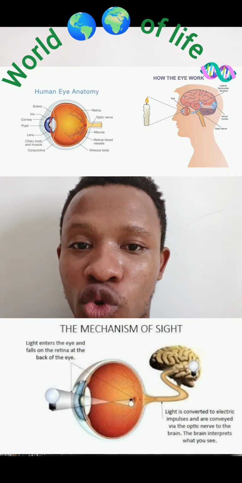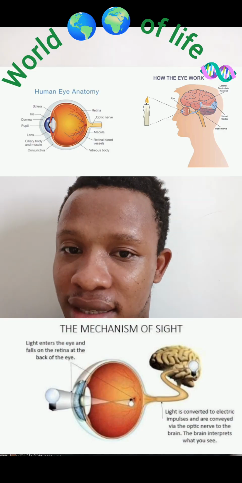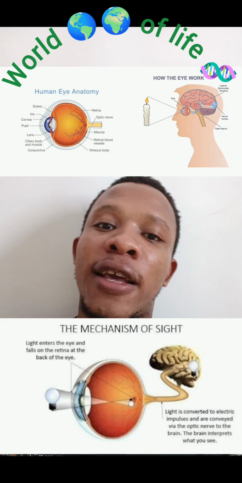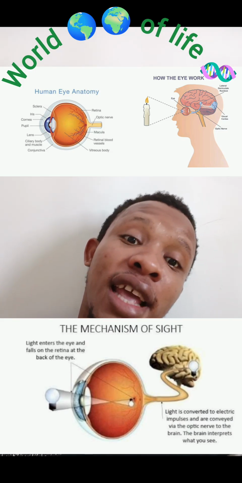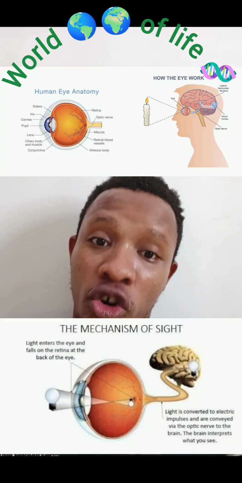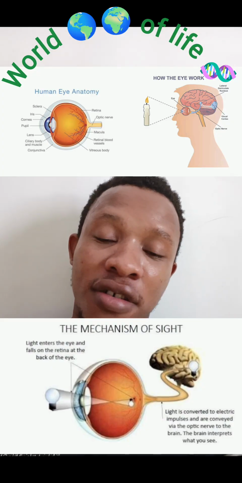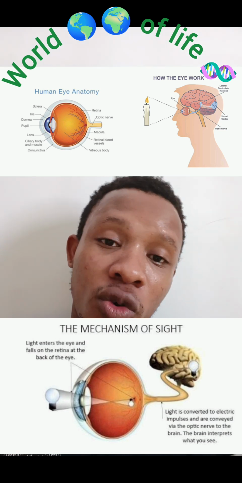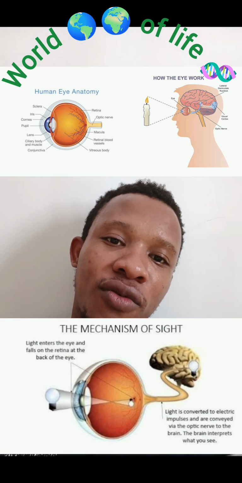Now, when we are talking about color, the iris is the part of the eye that is responsible for color. That is why if you try to search the meaning of iris on Google, they call it the goddess of the rainbow.